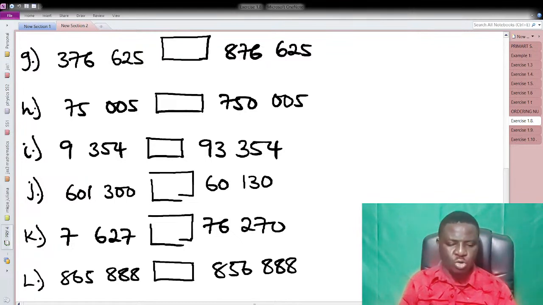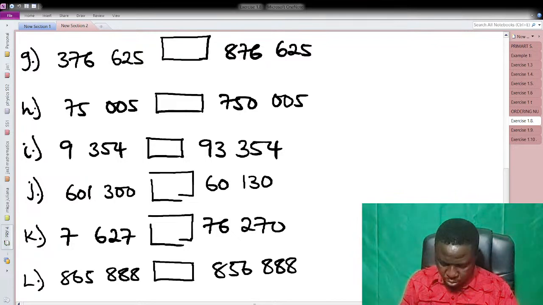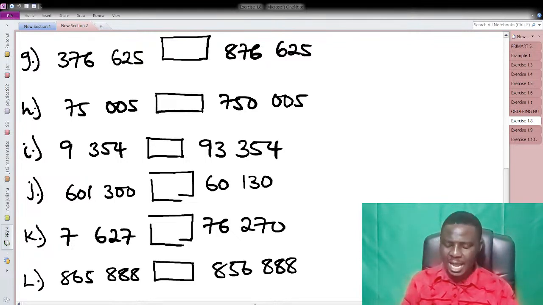I would prefer you use the symbol. I believe you have the symbol there on your keyboard instead of typing it in words. You can do that by pressing your shift key and then tapping on it. So let's have the symbol as against you writing it in words.